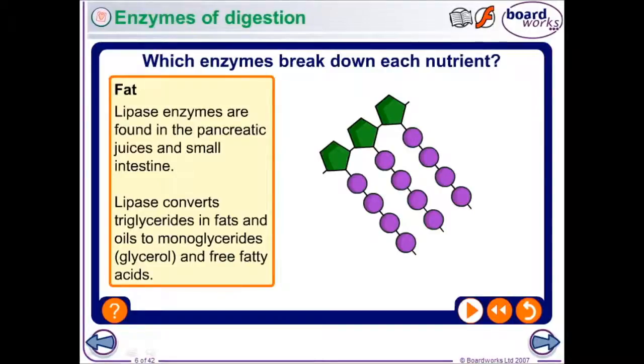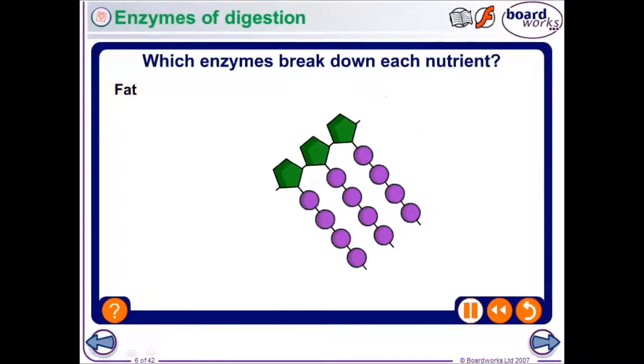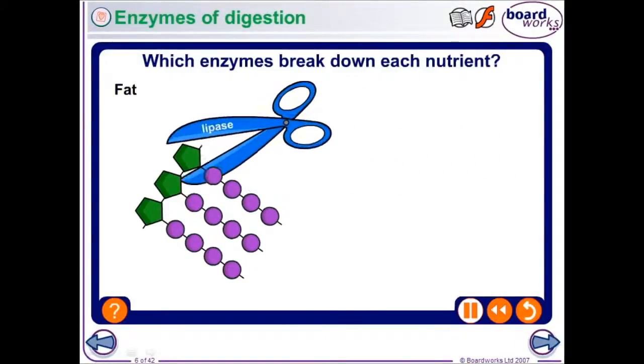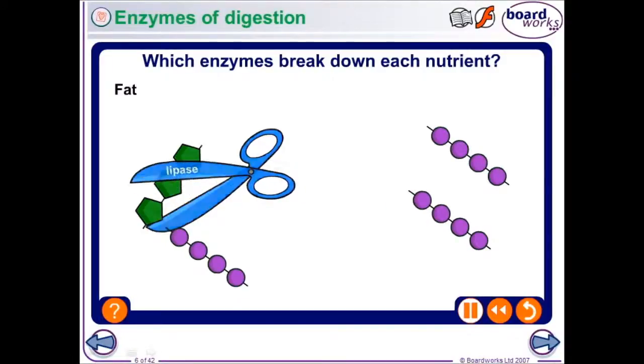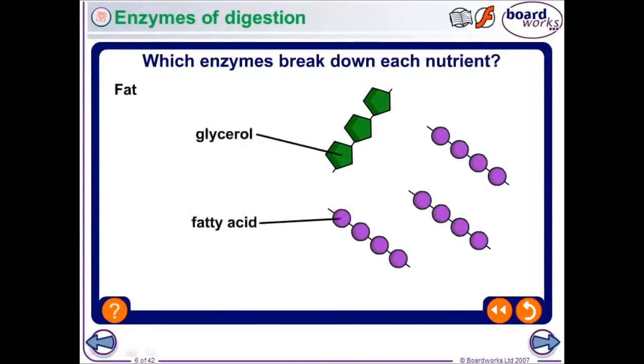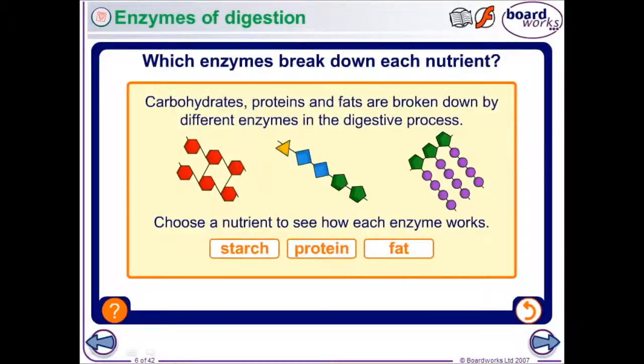The lipase enzymes help break down the fats into the fatty acid chains and the glycerol molecule. All of these molecules are small enough to get across the small intestine wall and into our blood supply.